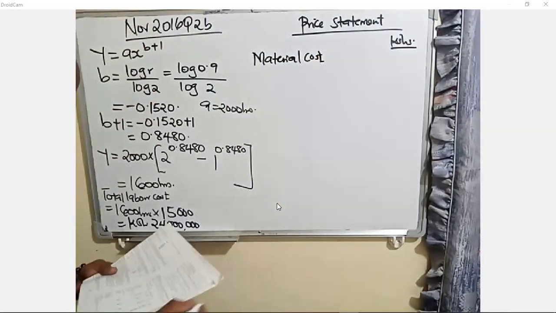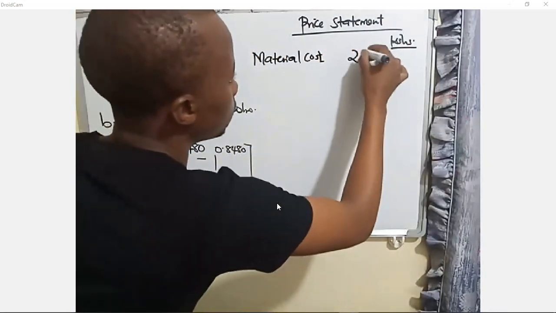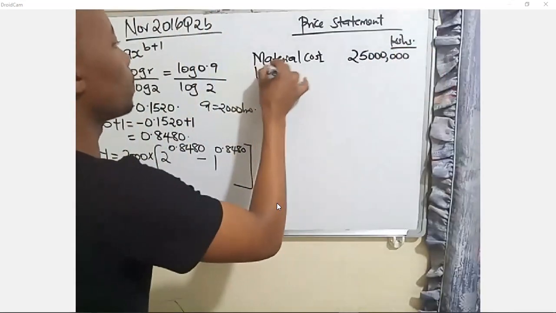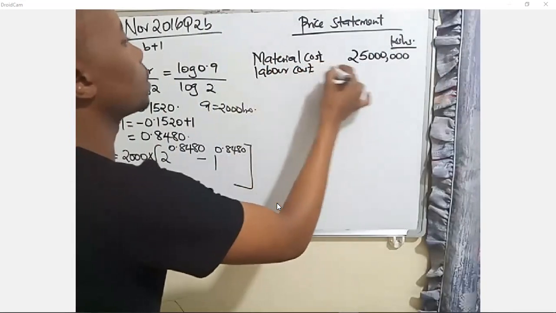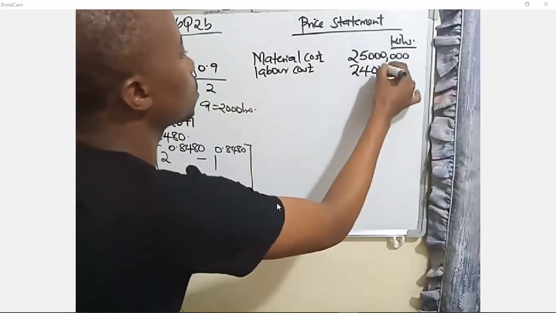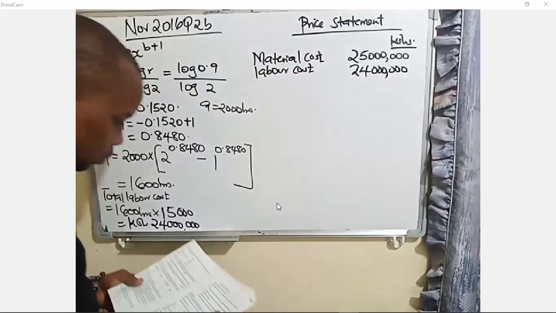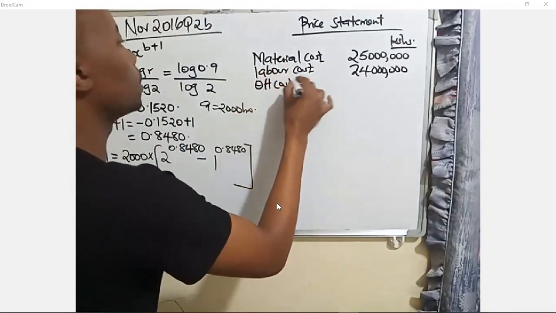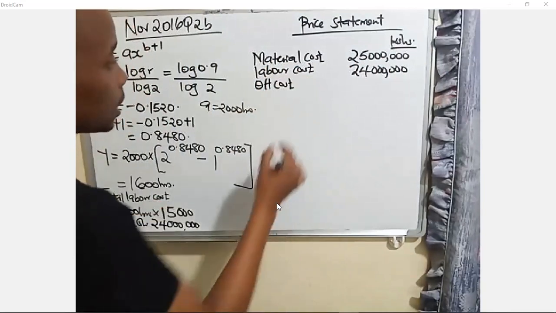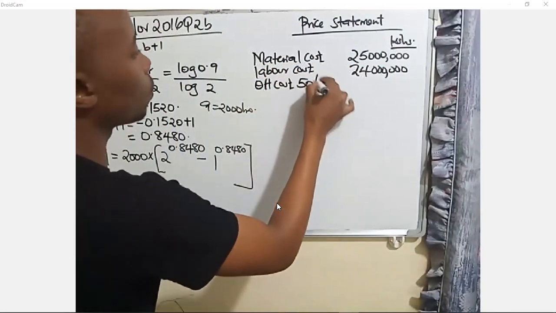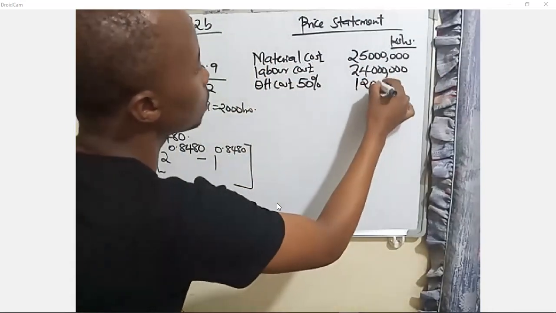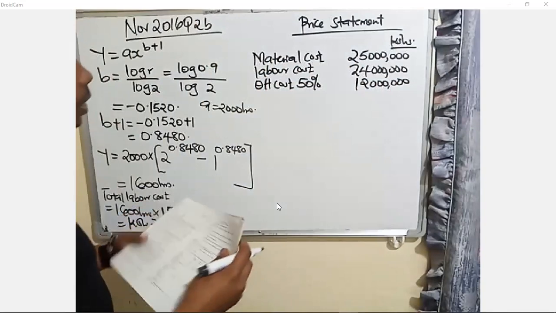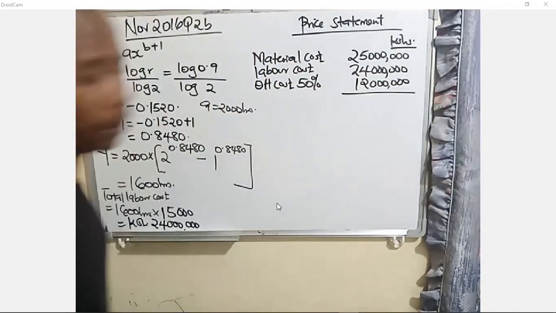Material cost in this case is 25 million. Our labor cost we have gotten, which is 24 million or so. Then we have the overhead costs, which is 50% of labor costs, so I think 12 million. That is the overhead. So let us get the total costs.